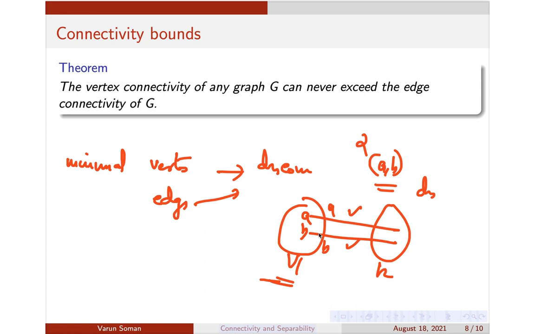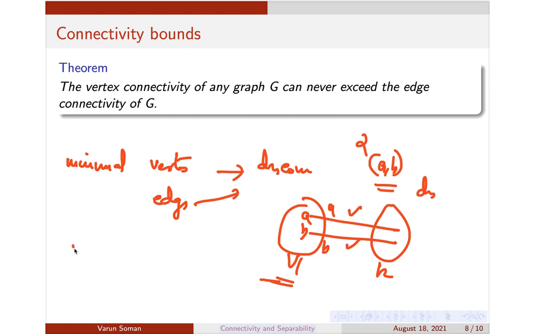Vertex connectivity is the minimum number of vertices which are required to be removed so the graph is disconnected. So what can you say about the vertex connectivity?